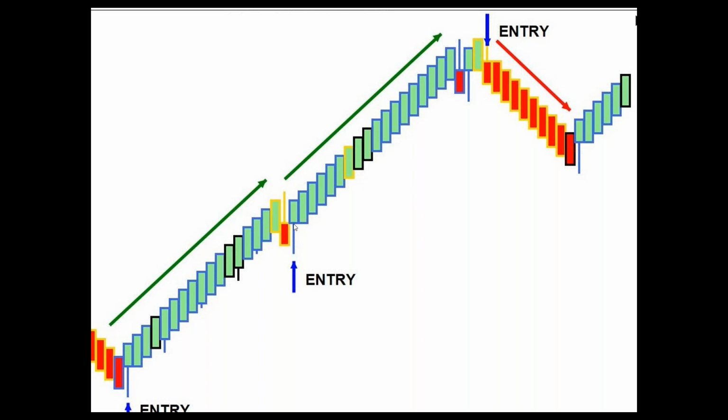We simply look for the long move off of the blue halo, and you can control the thickness and color of the halo. If you don't like blue, you can make it green. You can make it any color you like. If you don't like gold or yellow for the down, now you see how in this straight move up, we have this one candle that's haloed yellow.